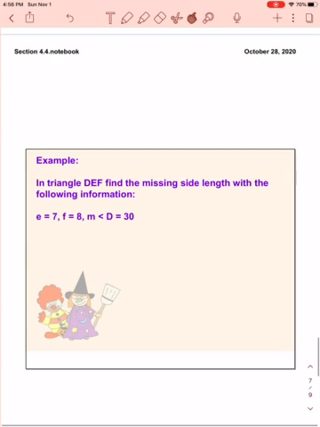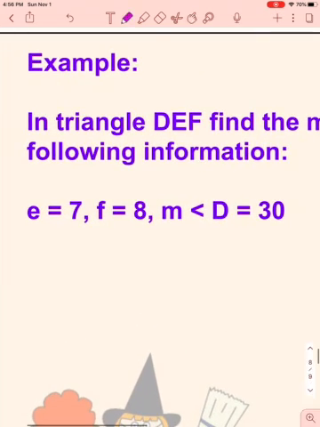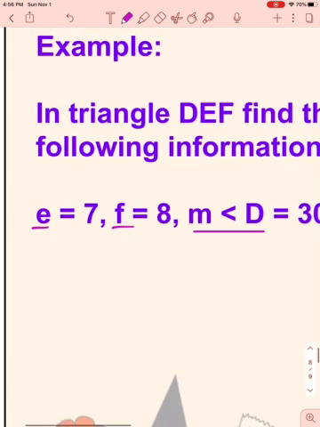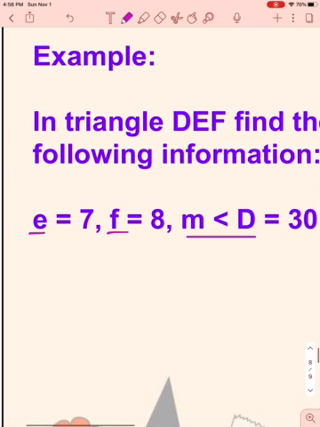All right. Triangle DEF, find the missing side when you know the following information. So the fact that you have two lowercase letters and an uppercase letter that does not match means that you know two sides and their included angle. So if I know the measure of angle D, then I'm actually looking for side d this time.